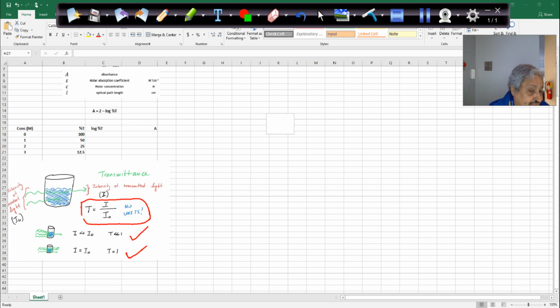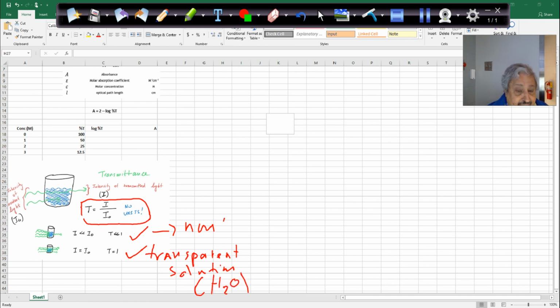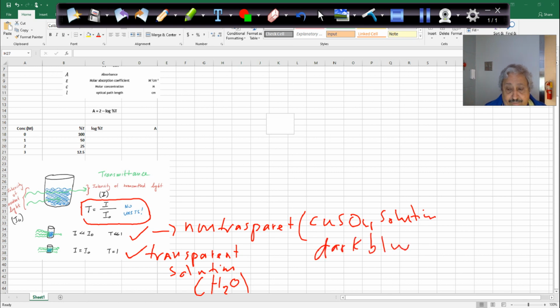This is a transparent solution, such as H2O, for example. Non-transparent, such as copper sulfate solution, which is blue, dark blue solution.